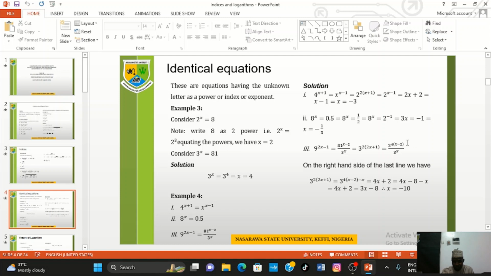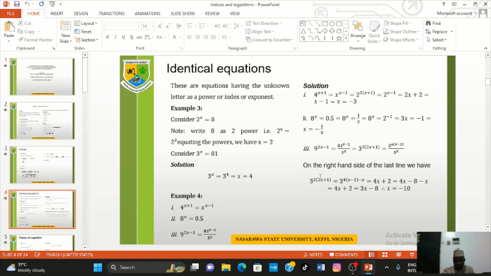So the right hand side, instead of writing 3 raised to the power of 4, open bracket x minus 2, close bracket, all over 3 raised to the power of x, since the base is the same, you just subtract the power. So it will now be equal to 3 raised to the power of 4, open bracket x minus 2, close bracket, minus x. Since the base is the same, then you equate the power.